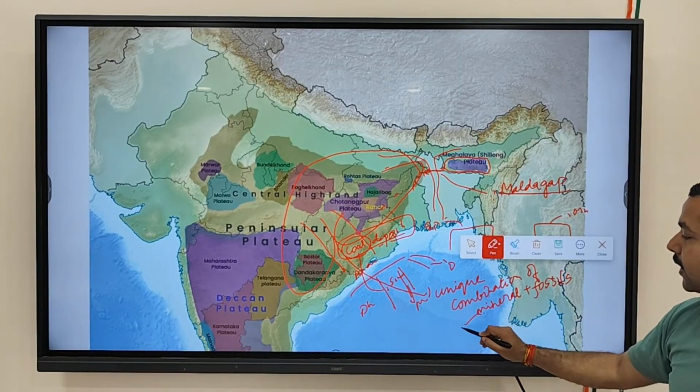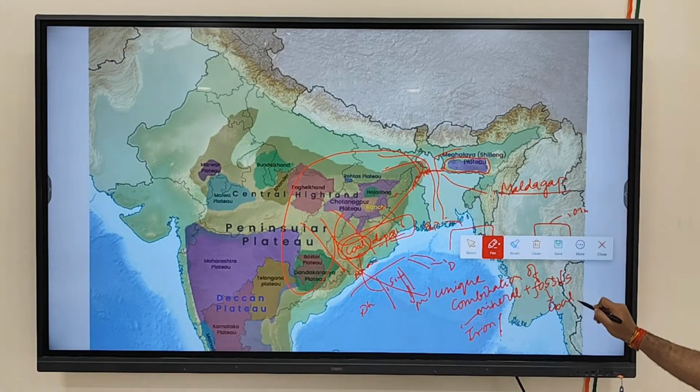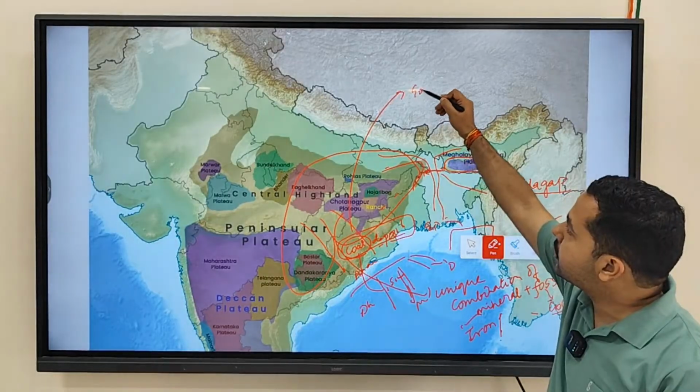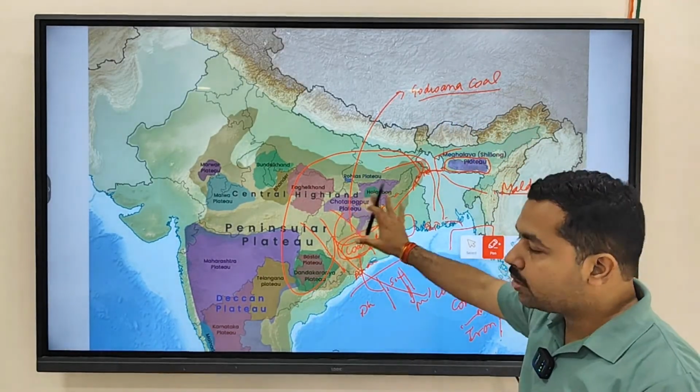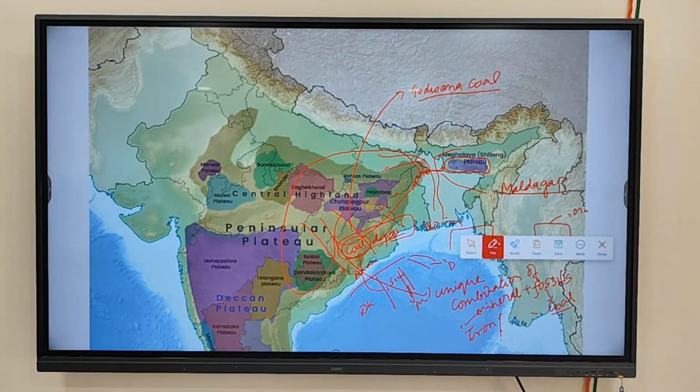You can find minerals like iron and so on, and you'll also find fossils like coal over here. Remember, 98% of India's coal is which type of coal? Gondwana coal. So most of India's Gondwana coal lies in this region. The Mahanadi basin and Damodar basin are where India's 98% of coal reserves are. Fine.